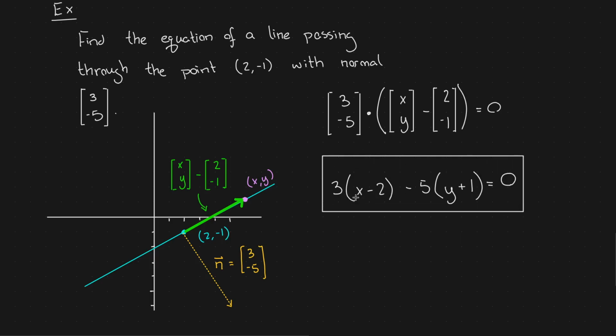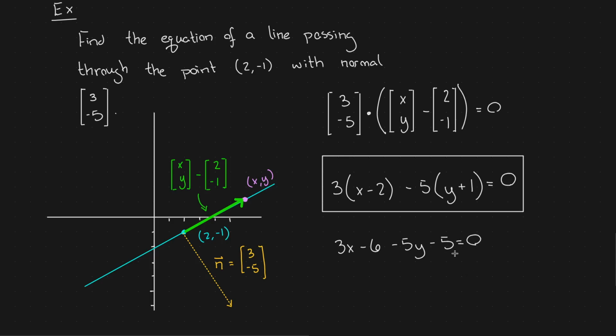But I could go ahead and distribute that 3 here. I could distribute the 5 here. Let's see what we get. 3x, and then 3 times -2 is a constant, -6. -5 times y is -5y. And then -5 times 1 is a constant, that's -5.